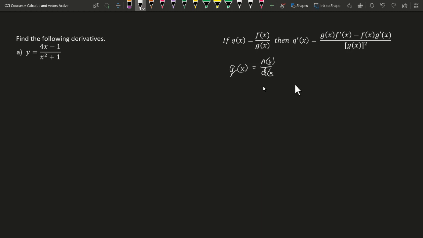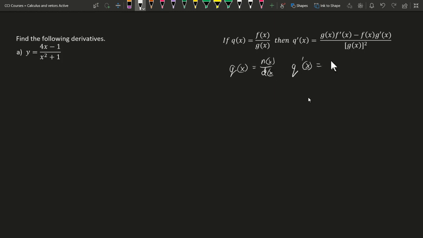Basically, if I now look at the formula here, the numerator is F, and so F prime, so then Q prime of X.